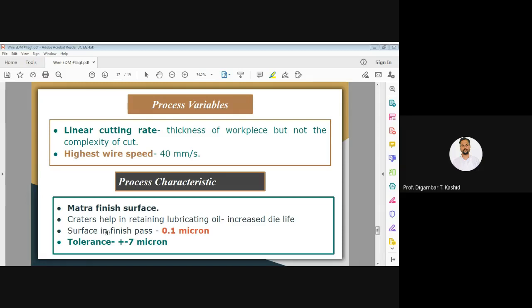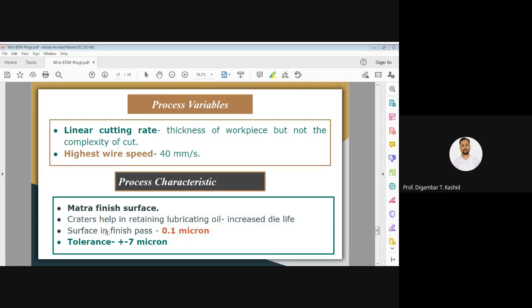As we know, because of the spark, craters are generated on your workpiece surface. Due to that, the matte finish is generated on your surface. That crater helps in retaining the lubricating oil.